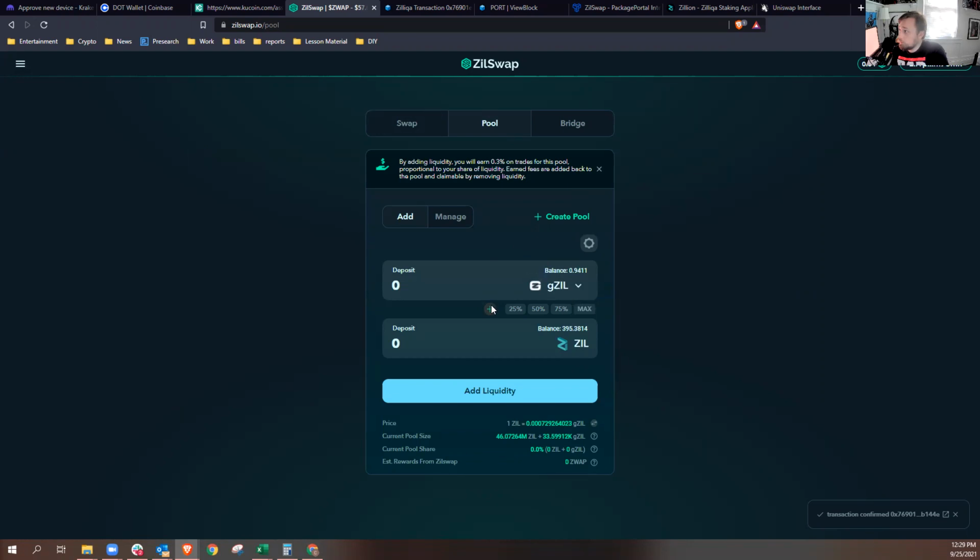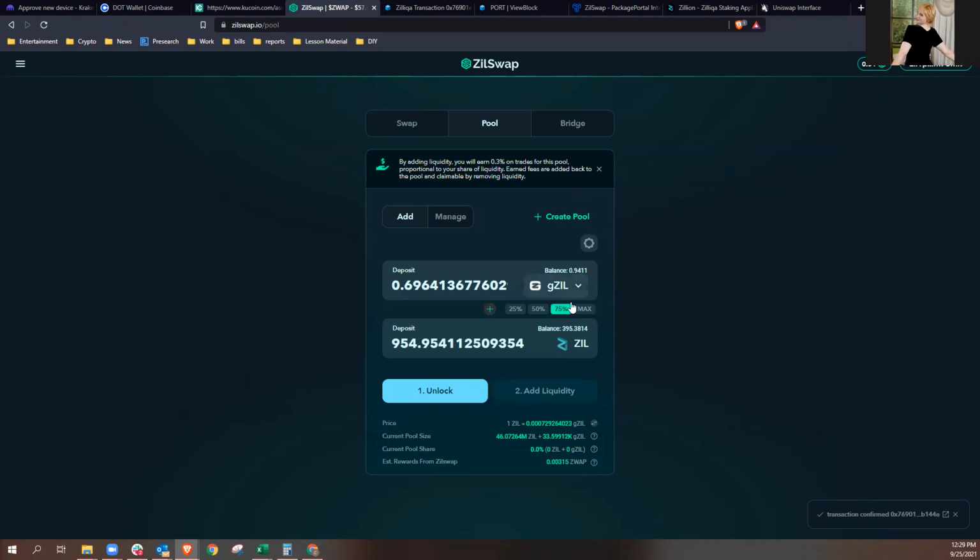So what I'm going to do is put 75% of my ZIL, around 335. So I still have 60 ZIL left to claim rewards. Okay, and then I'm gonna have to deposit some of my GZIL to be in there. I'm gonna unlock it.